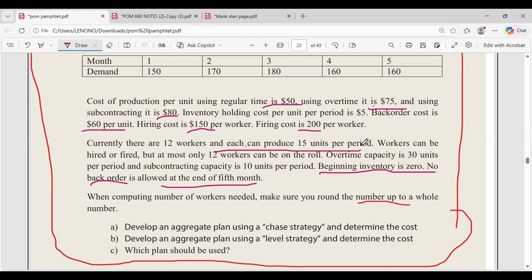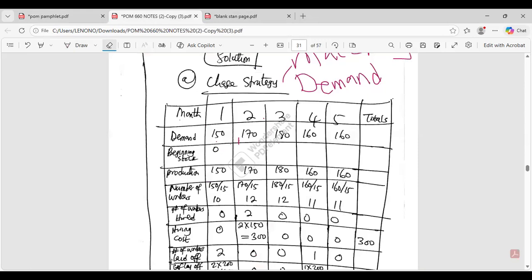Madam, you read here 15 units. Yes. Meaning that as we come here, one person is able to produce 15 units.